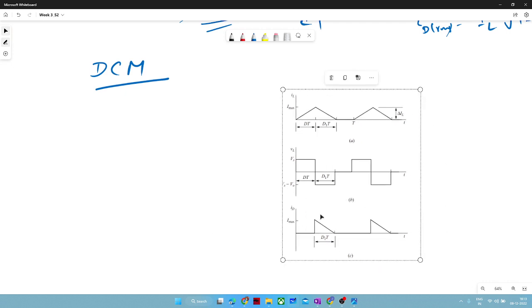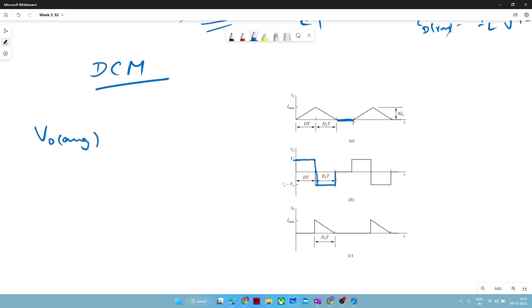So this is again a typical waveform where we clearly observe that your inductor current is getting discontinuous, because it is not conducting for some period out of a time period. So there is some charging instance and some discharging instance. Again, your V naught average will be higher in DCM compared to V naught average in CCM.